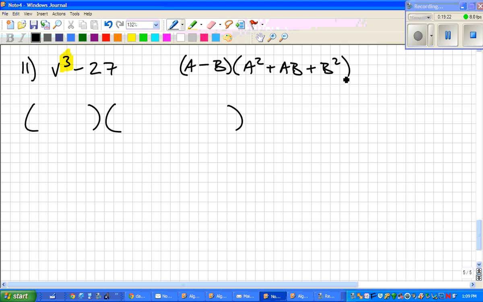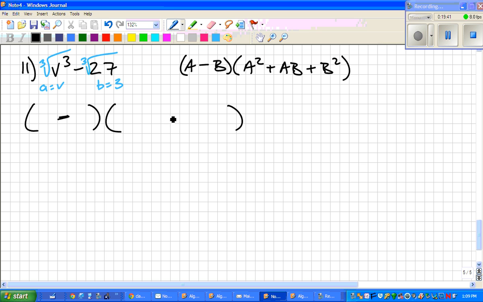We're only doing that because it's a cube. So we need to find the cube root of those numbers. So, and that's going to tell us that our a is v and our b is 3.